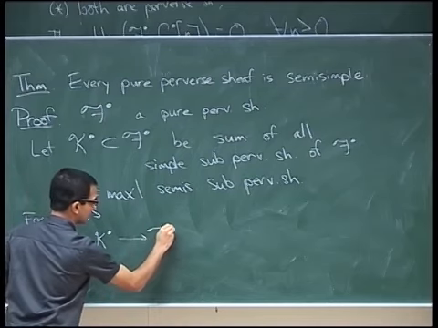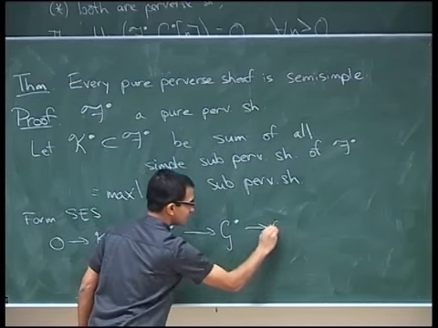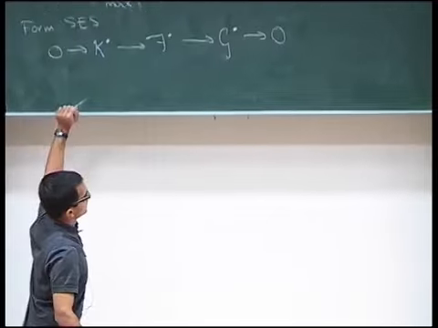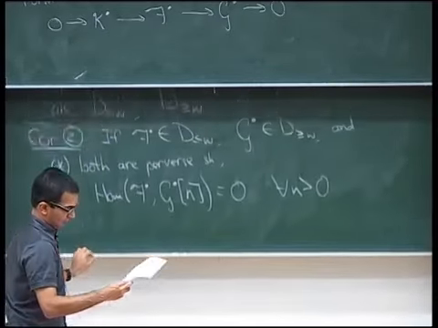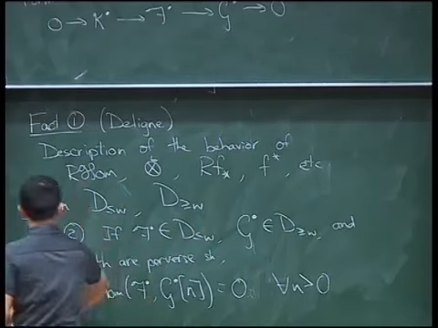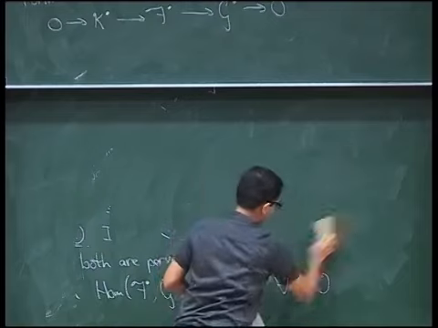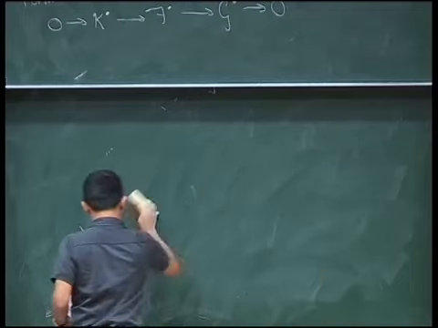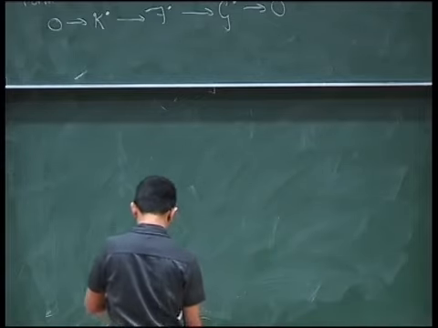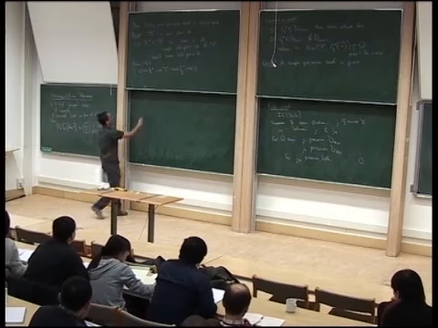So K is a sub-perverse sheaf of F, and then form the quotient and call that G. And well, so what's a short exact sequence in the heart of a t-structure?